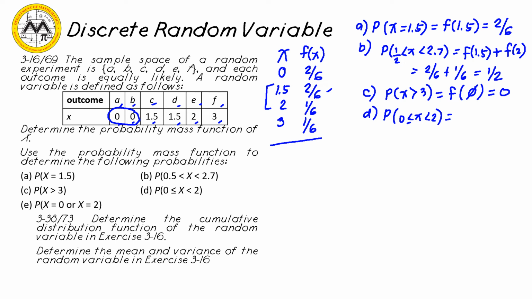So it would be 0 and 1.5. So f of 0 and f of 1.5. f of 0 is 2 over 6, and f of 1.5 is also 2 over 6. So this would be 4 over 6.